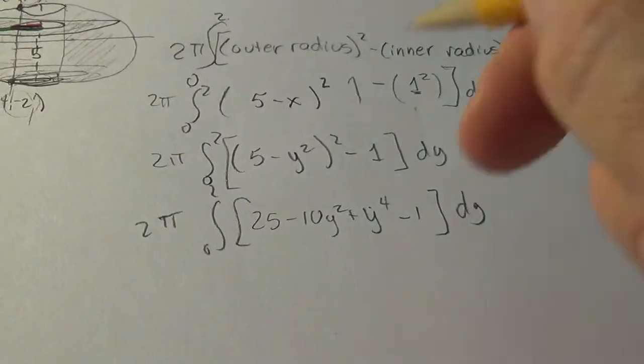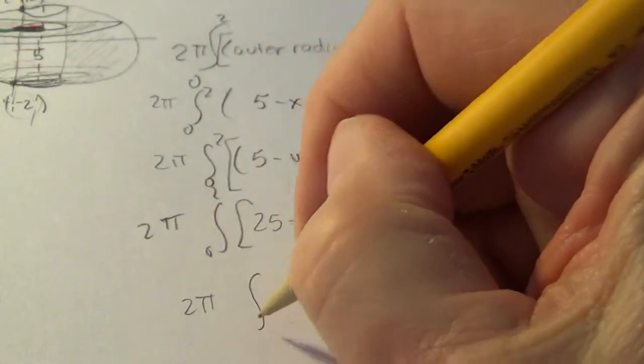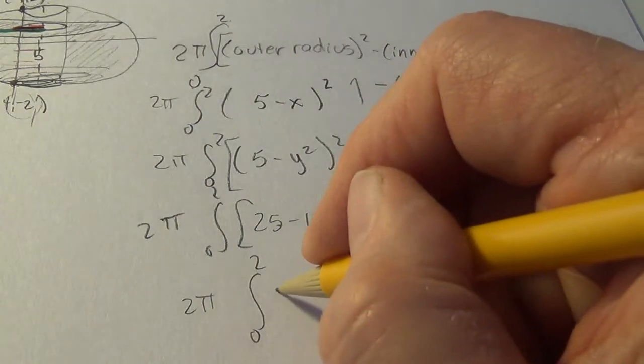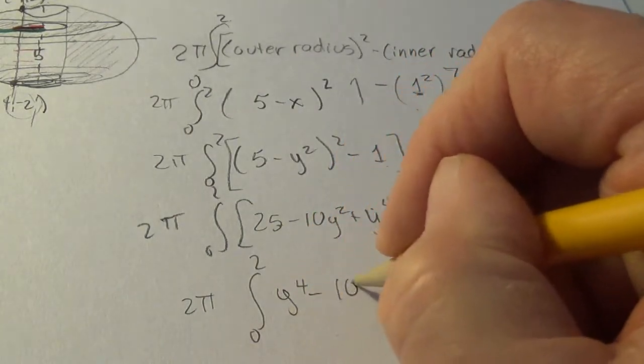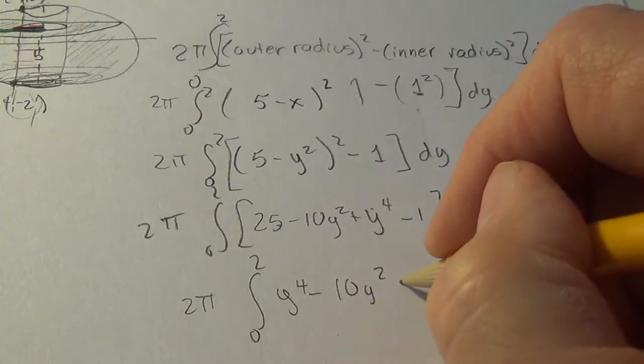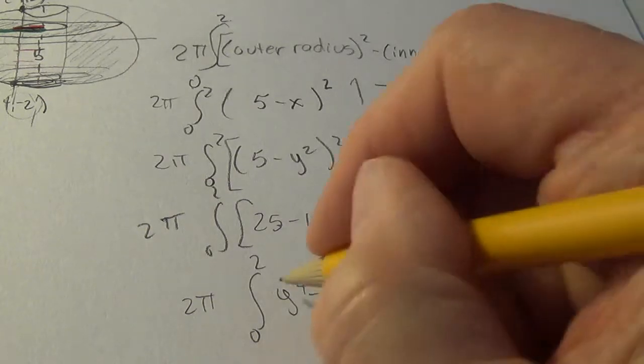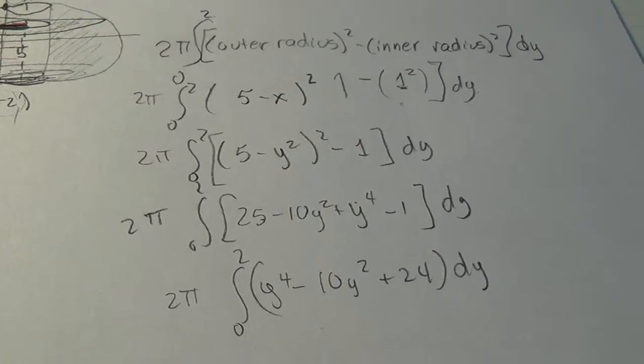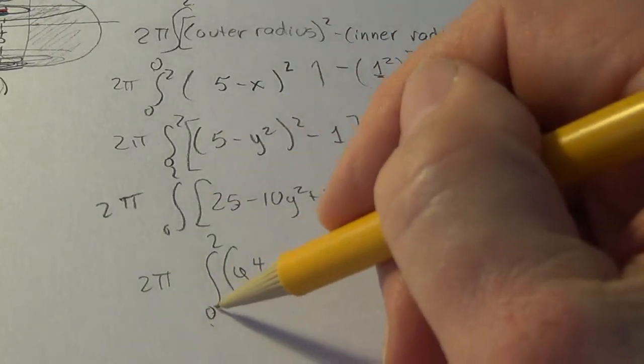So we end up integrating from 0 to 2. 25 minus 1 is 24. I'll put it in descending order. All right, so that one's not too hard to integrate, especially if you've doubled it and used 0 down here.